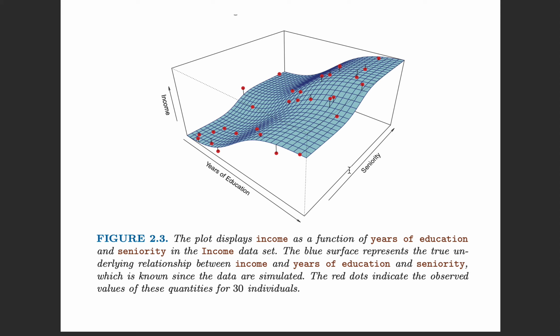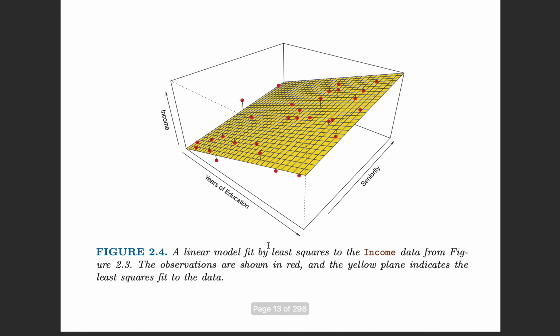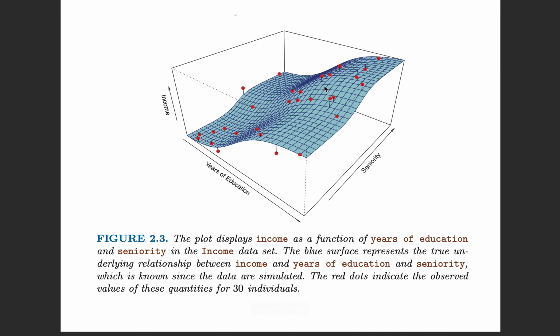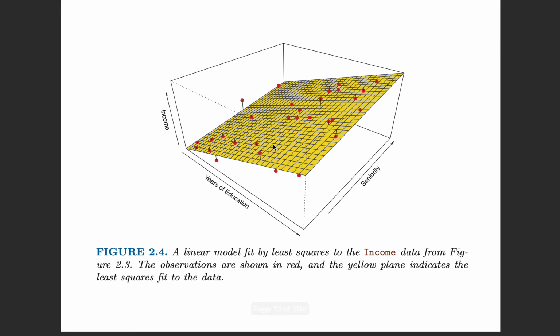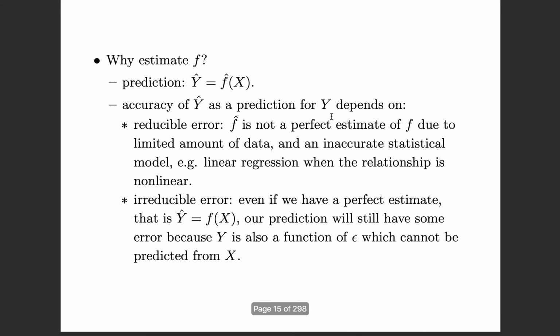Now, on top of that, if we take this data and just fit a linear regression to it, then we are fitting a hyperplane, and we are making a structural error here, obviously, because you see, here it's a little bit below, here it's a little bit above, but the linear regression model is unable to capture that, and that's what leads to what we call the reducible error, which is caused by two things: limited amount of data and an inaccurate statistical model.